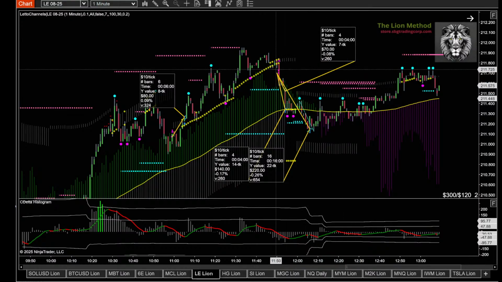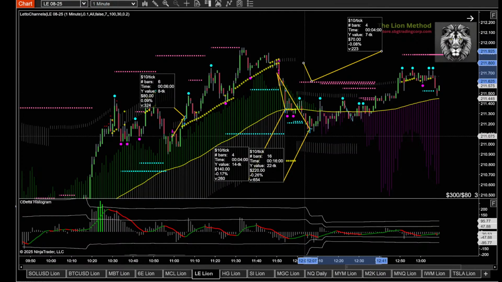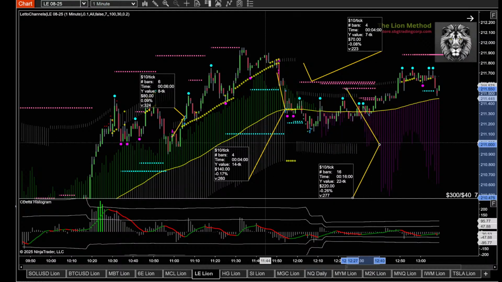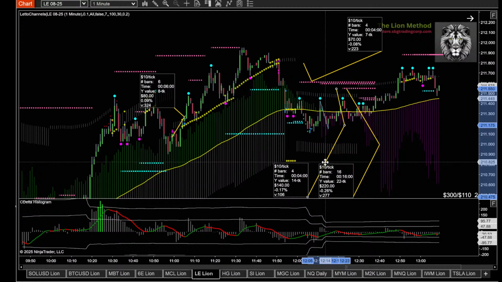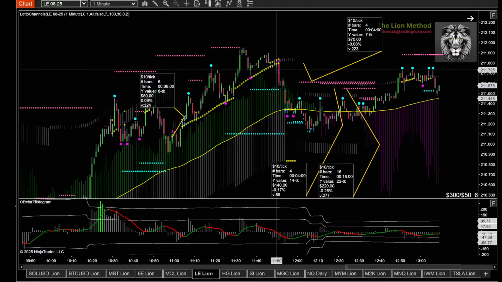So we went short right here at that point, hit target pretty cleanly. Classic lion channel trade. Again, we went short right there. Took one target out. You can see the blue arrow right there. And then I hit the 100 MA right here.